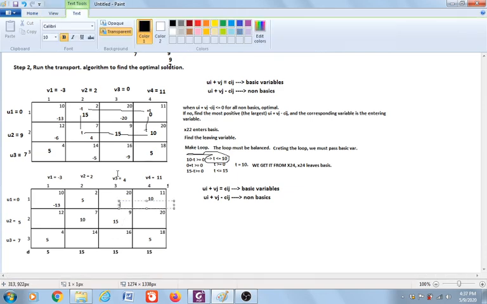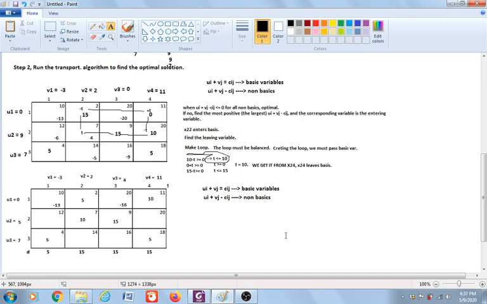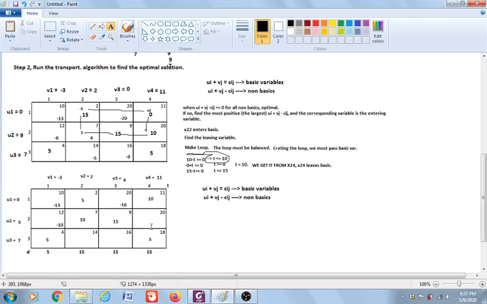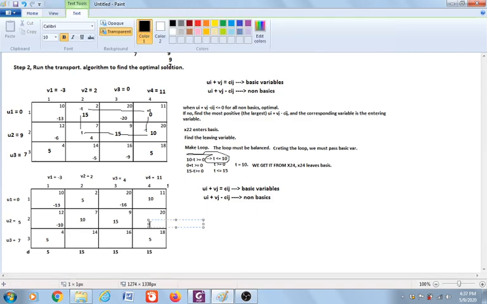So this one 0 plus 4 minus 20, minus 16. And 5 plus minus 3, that is 2. 2 minus 12, minus 10. Basic, so we do not do it for them. 5 plus 11, 16 minus 20, minus 4.